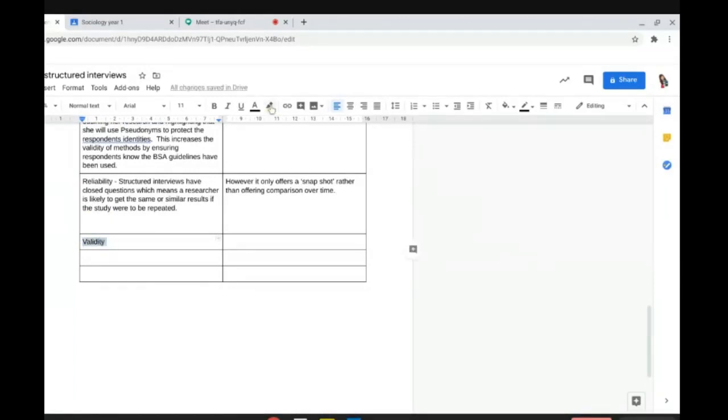So for validity, we have to start off with the strengths and then the weaknesses.